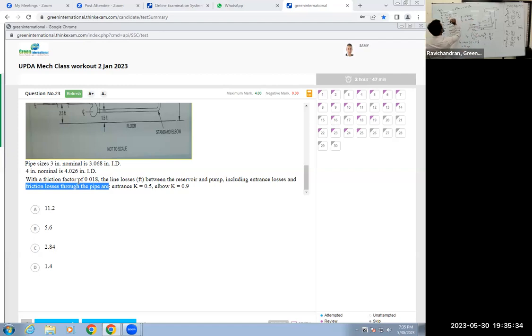Since all these are in inches, right? But here density of water is in feet cube and in feet, right? Only the diameter we have to convert from inch to feet, then the Q to cubic feet per second. So it is 4 into 1 by 12.